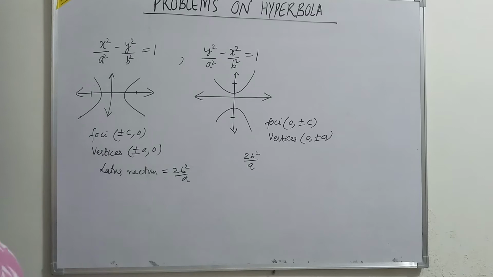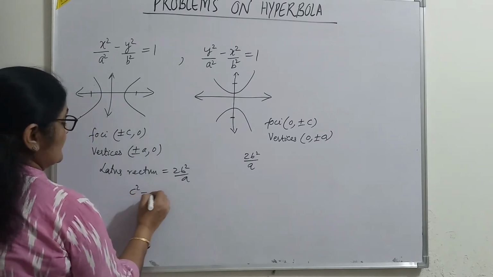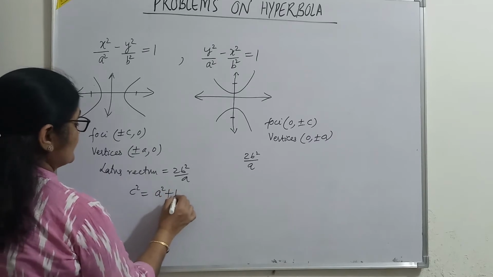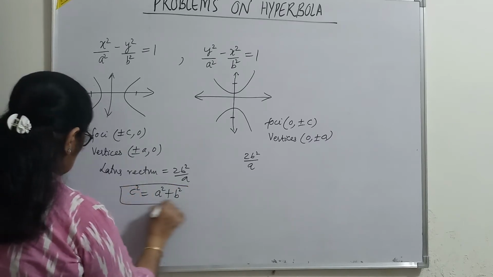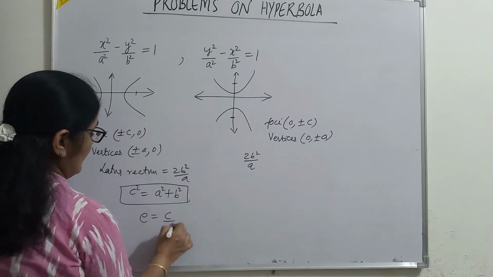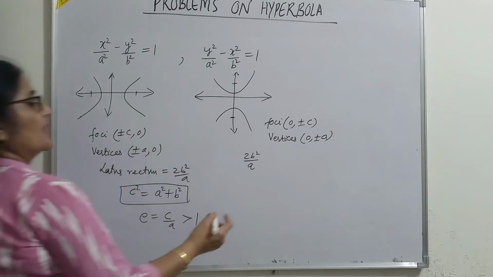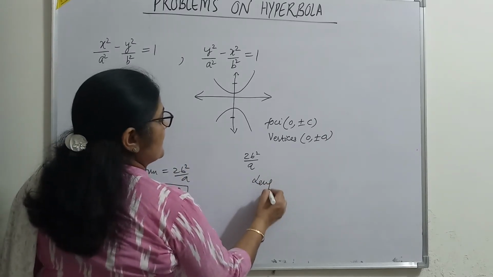One more relationship is c square is equal to a square plus b square. As c is known, we can find e equals c upon a, and e is always greater than 1. So before solving the question, you must know some facts. What about the length of the transverse axis?